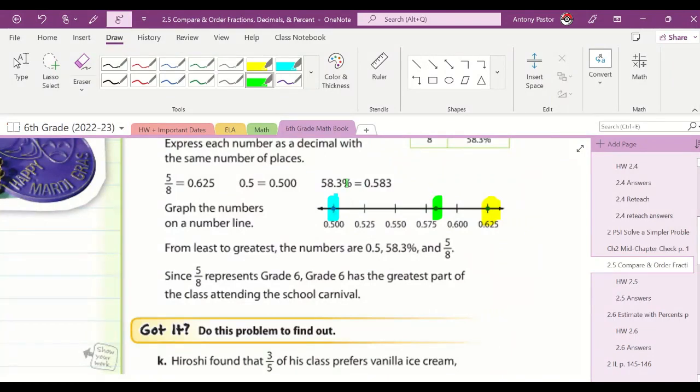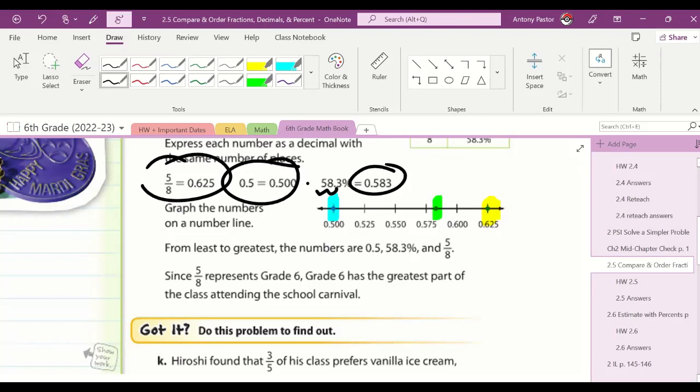It would be a lot more work than just converting them into decimals. So this one's already a decimal. Percent to a decimal would just have 2 jumps, giving you the 0.583, and then 5/8 just needs to be 5 divided by 8 to give you the decimal, and then you can compare all three, meaning 6th grade had the largest amount of students show up.